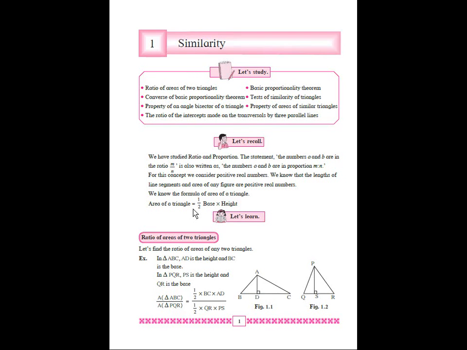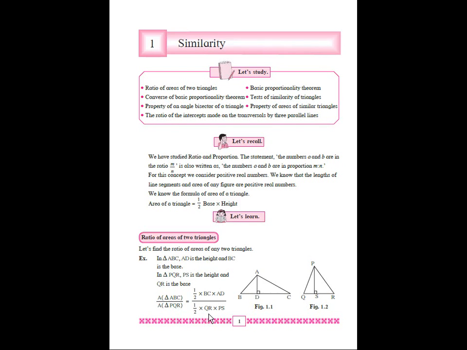If you find the ratio of areas, then the area of triangle ABC is equal to 1 half base into height. The base of the first triangle ABC is BC, and the height is AD, so we write BC into AD. And the area of triangle PQR is equal to 1 half into QR into PS.